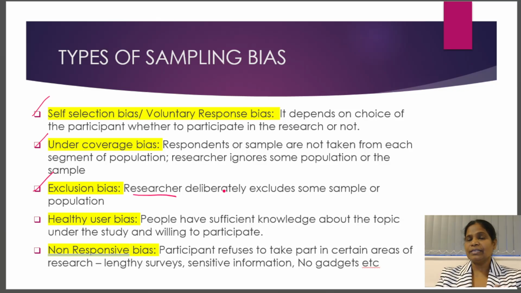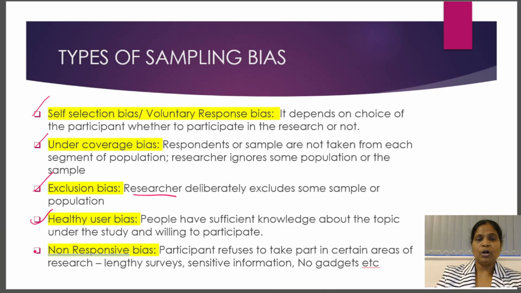We may get subjects who already have knowledge regarding that topic and are still willing to participate in the study. So what happens here? It influences the study conducted by the researcher. That's how it is, healthy user bias. They already have sufficient knowledge about the topic which the researcher wants to study.